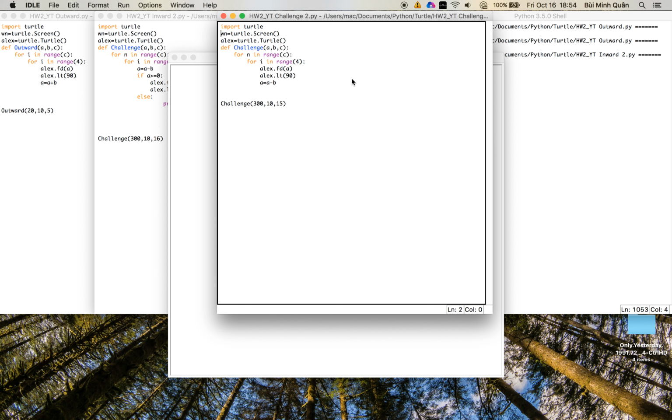And I change to the challenge one. The first four lines are just the same as the other two.